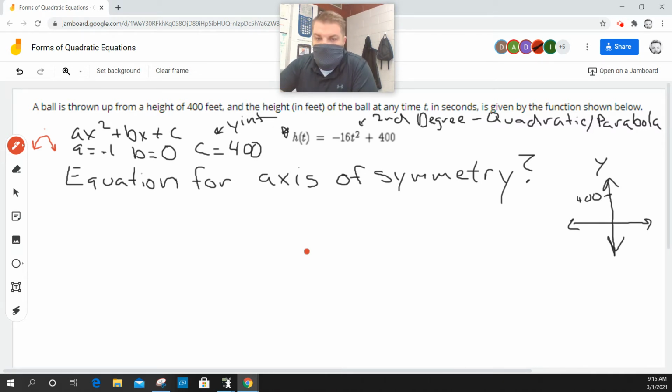So I don't know what the axis of symmetry is yet, but we're figuring out some stuff. My U shape is going to go down like this, and my axis of symmetry is going to go right through the middle, wherever the vertex is. It's going to be x equals some number.